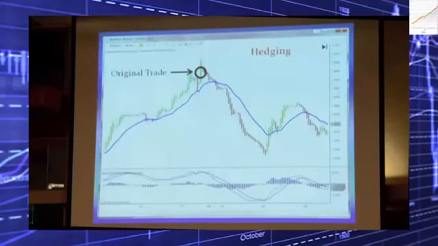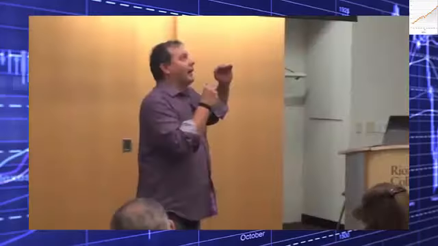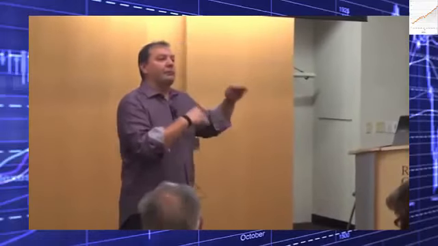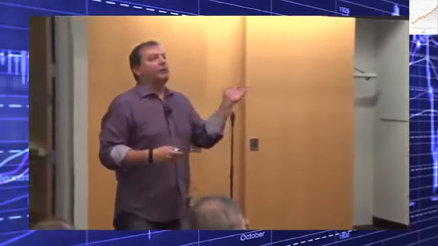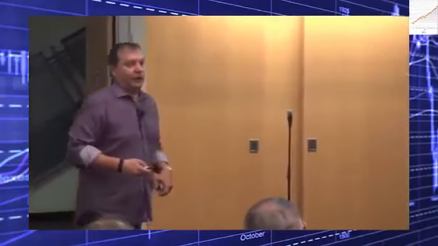Now, this is manual hedging. If you're trading manually, this is a good way to escape or to improve your cost basis or improve your position when the market goes against you, right? Zone recovery is an advanced hedging.